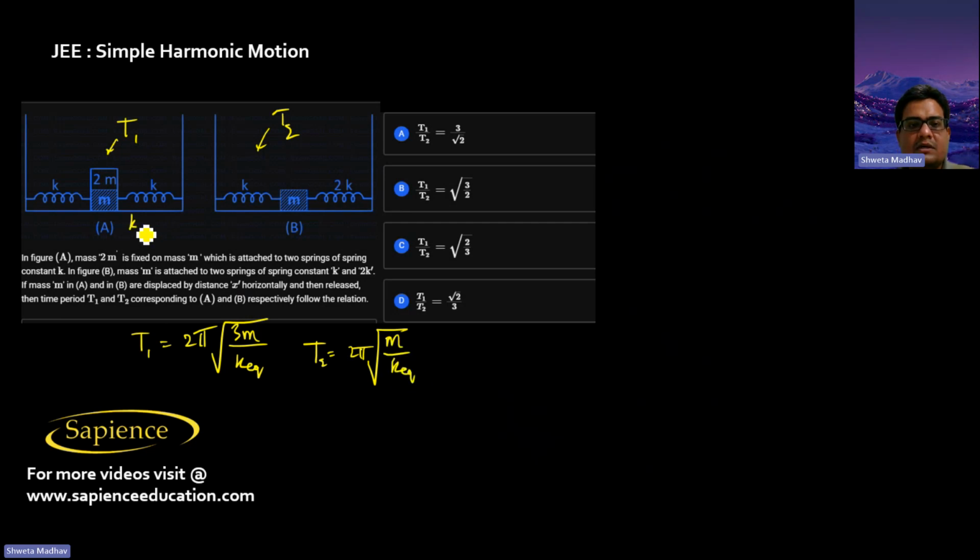Now k equivalent in part A is 2k, and k equivalent in part B is k plus 2k, equal to 3k. So therefore T1 is equal to 2 pi root over m by 2k, and T2 is equal to 2 pi root over m by 3k.